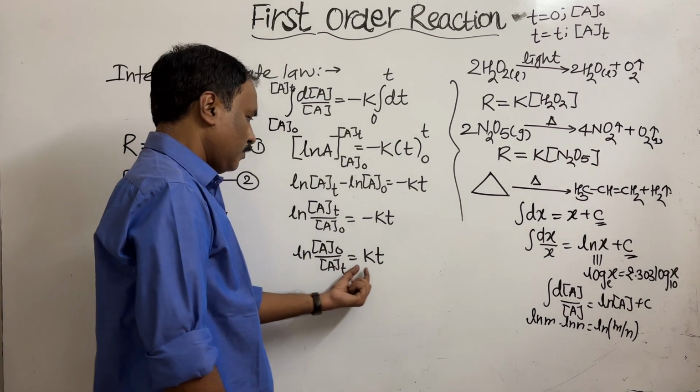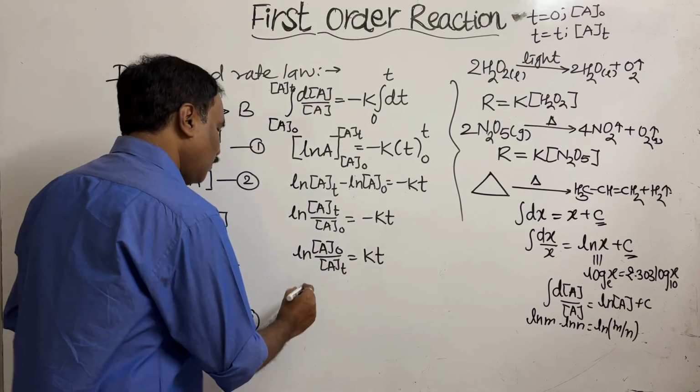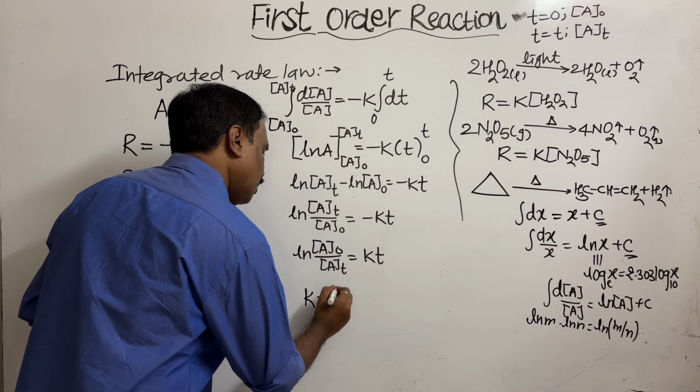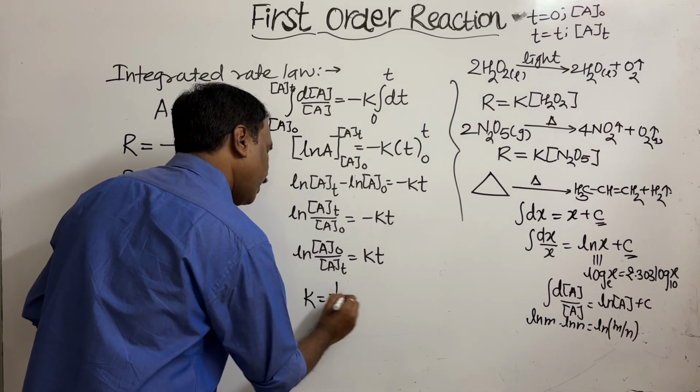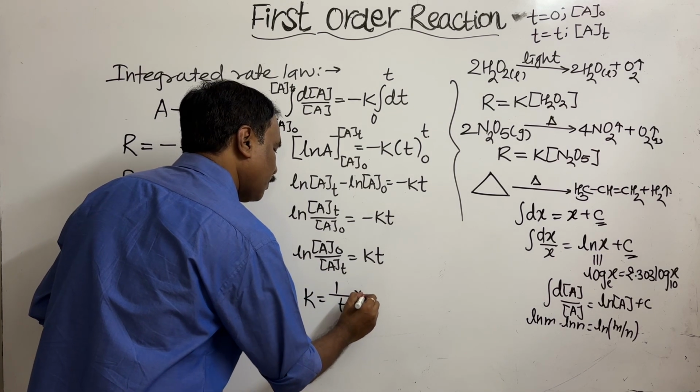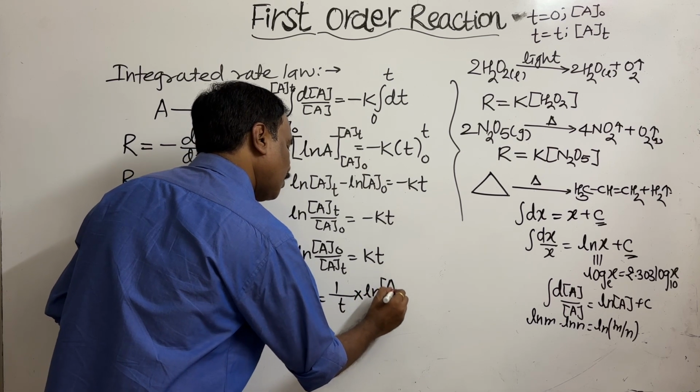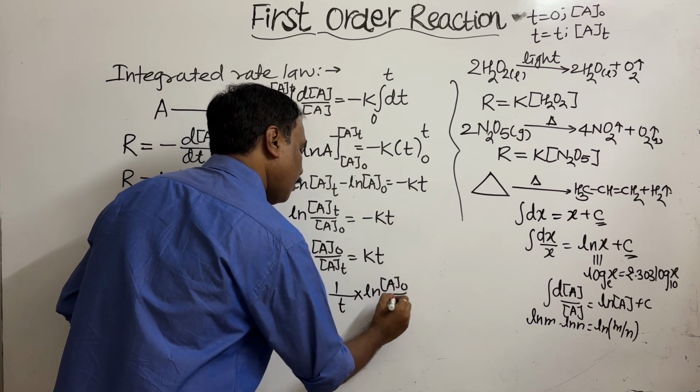Now same equation in terms of k, rate constant k is equal to, now shift this time to this side, 1 upon t into log of A0 upon AT.